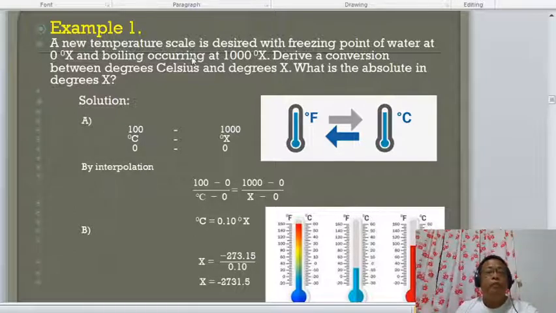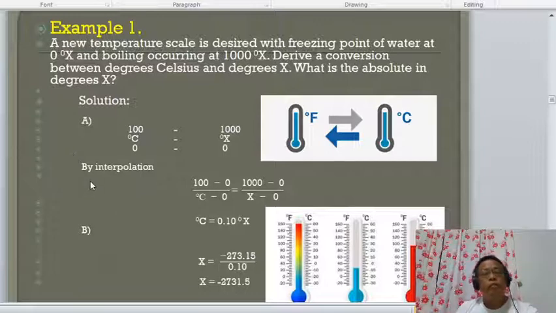For the absolute value, we have degrees X is equal to negative 273 over 0.1. So, in this equation, the constant is 0.1. And we know already that the absolute zero is at negative 273 degrees Celsius.